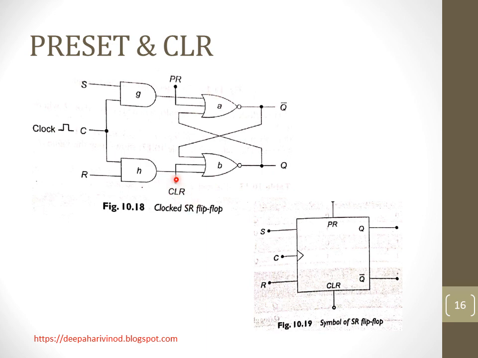And when the clear is made 1, the Q output will be cleared. When I speak about output, it will always be the Q output. Q bar is the complemented form, so always it will be the Q output. So this is about preset and clear.